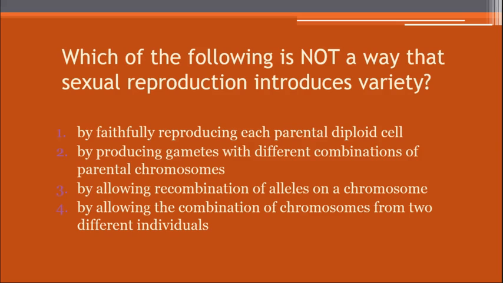That is mitosis. Now, producing gametes with different combinations of parental chromosomes, that's meiosis. Allowing recombination of alleles, we're going to talk about that in just a second, that's meiosis. And allowing the combination of chromosomes from 2 different individuals, that's meiosis. So these are the 3 ways that sexual reproduction introduces variety, and we're going to talk about all of these a lot more throughout the class.